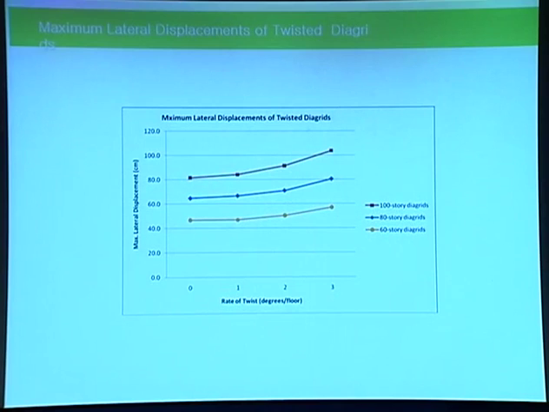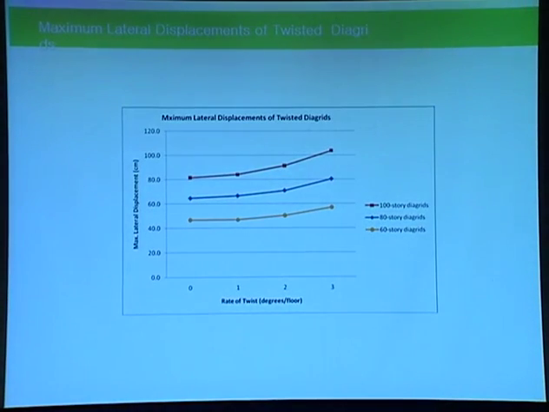And this is a study result, all combined together. As you can see, for all twisted diagrid structures, the stiffness of the diagrid structure reduces as you twist the structure more. In terms of the relationship with the height of the building, you can observe a very similar situation.